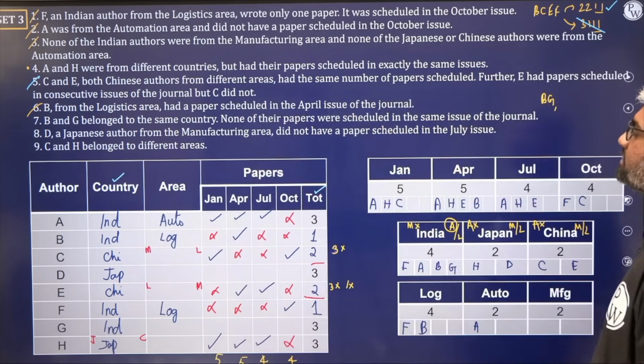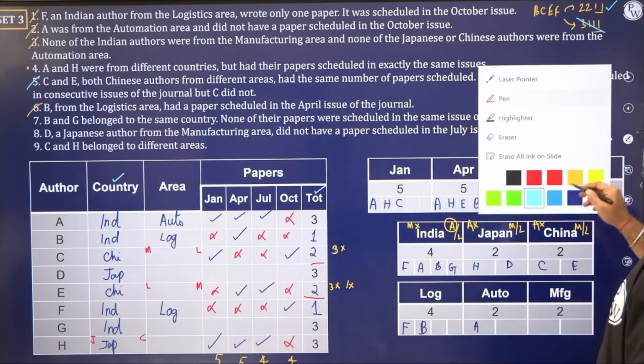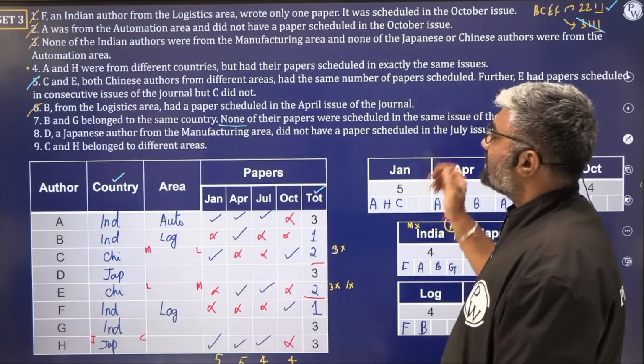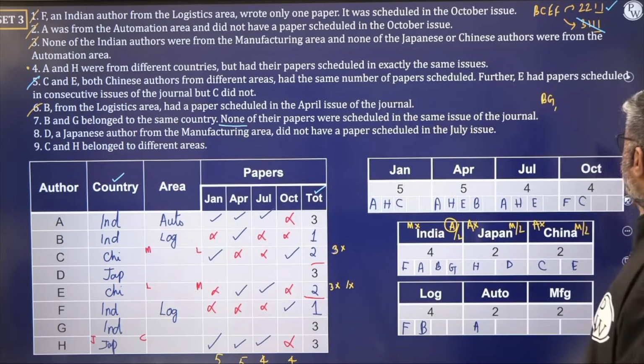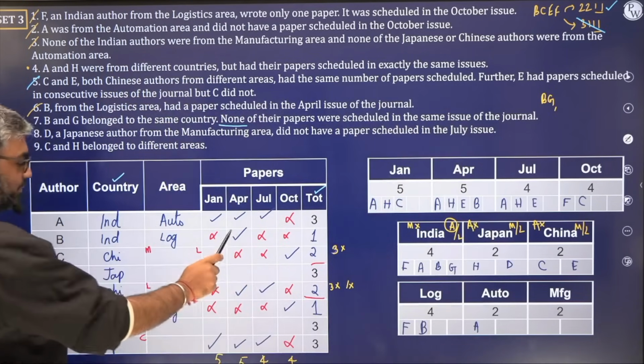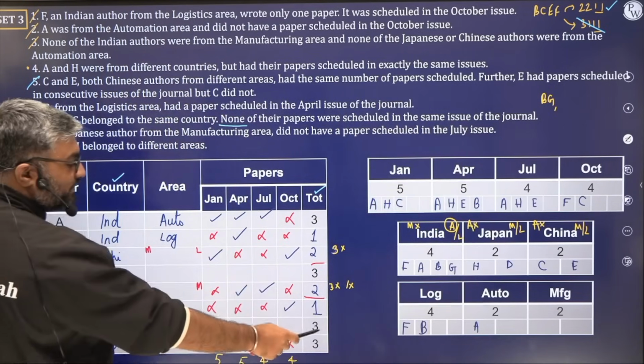None of their papers were scheduled in the same issue. Now, this is important. Who? B and G. B has a paper in the month of April. G has to give 3 papers, right?